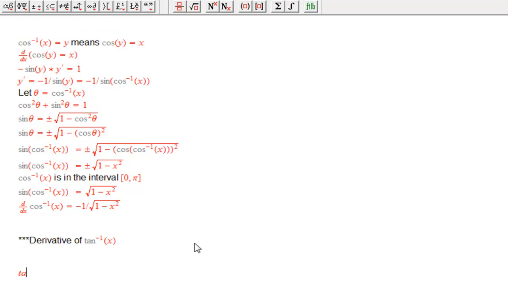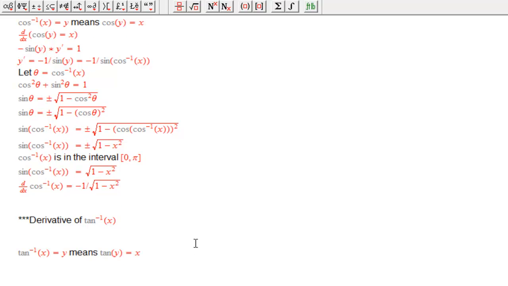And remember that inverse tangent of x, if we let that be y, that means that tangent of y is equal to x. So we're going to take the derivative of both sides of that. Use our implicit differentiation skills. And what do we get?